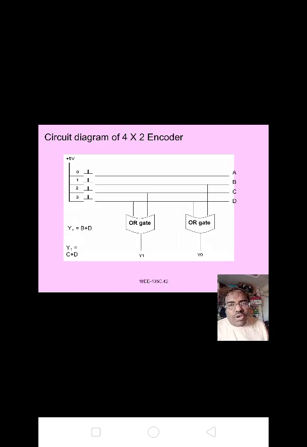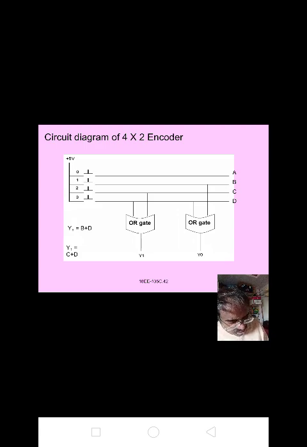We have 0, 1, 2, 3 as the input variables. And we have here 2 OR gates. First OR gate output is y1, second OR gate output is y0.